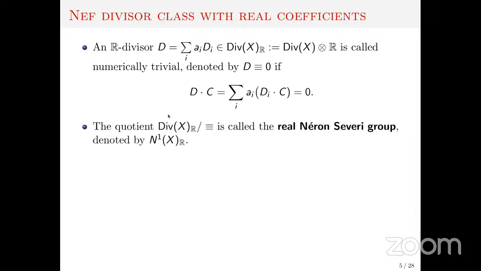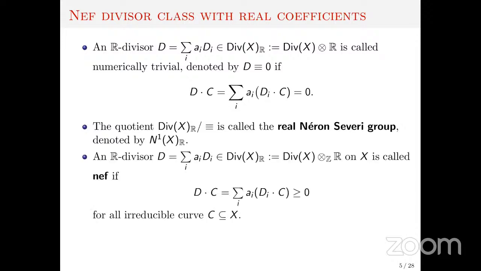Now, if I consider the quotient of Div(X) tensor R under this equivalence relation, the quotient is called the real Néron-Severi group of X, which we denote as N^1(X)_R. In fact, this is a finite dimensional real vector space, and an R-divisor on X is called nef if its intersection with every irreducible curve is non-negative.